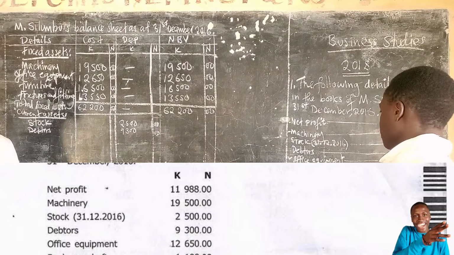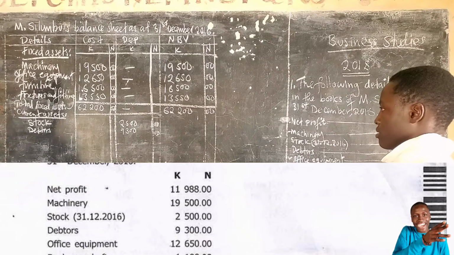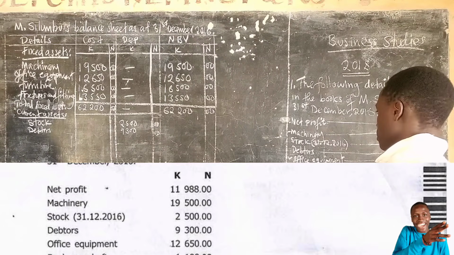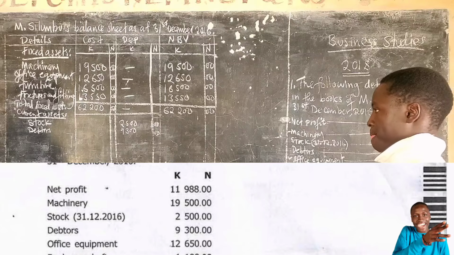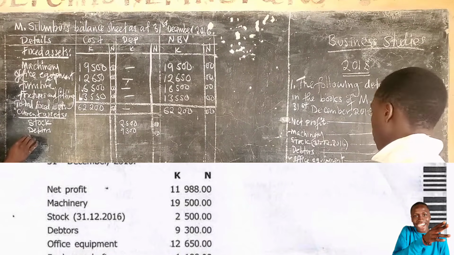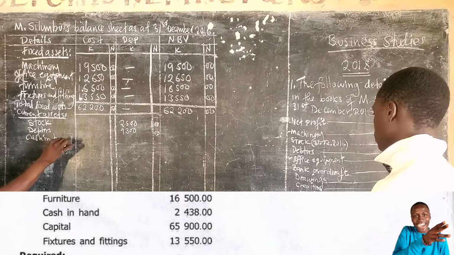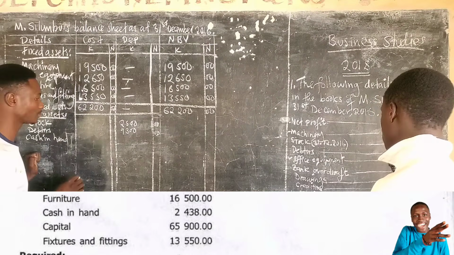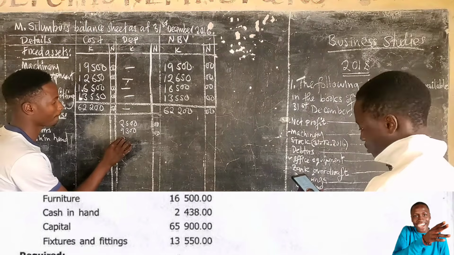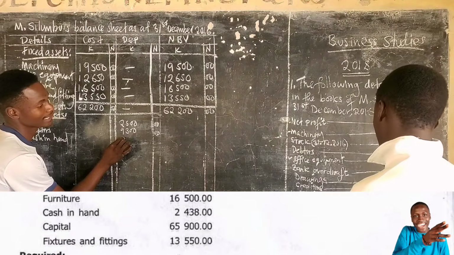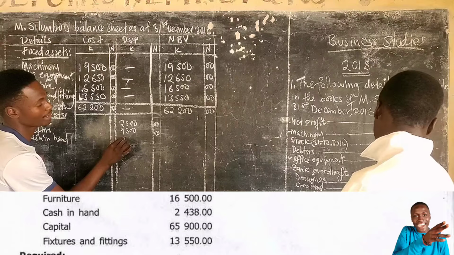It's a current liability, so it's not supposed to appear here. So you can go direct to cash in hand. How much? Cash in hand is 2,438.